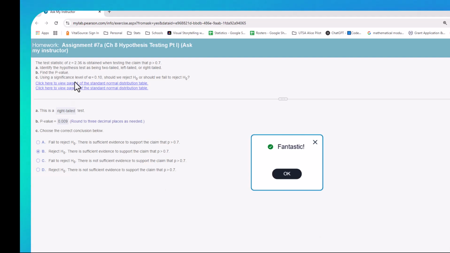So if this is their claim, then there is sufficient evidence, being the alternative hypothesis, to actually support this because I rejected the null. Remember that the null is always equal, so the null would state that the proportion equals 0.7.